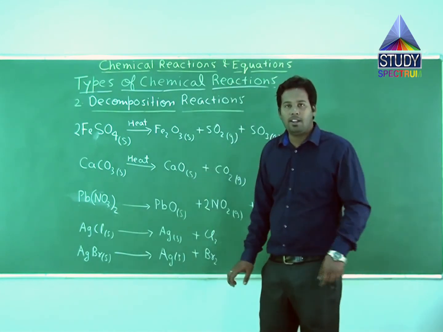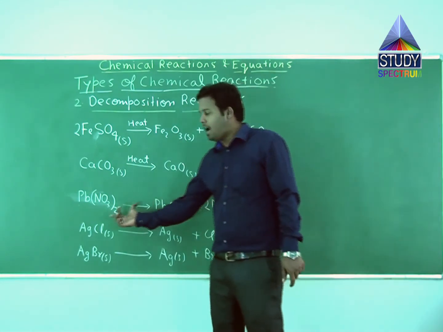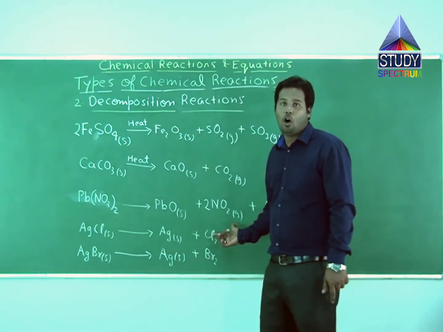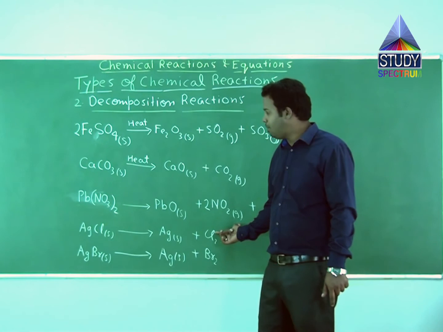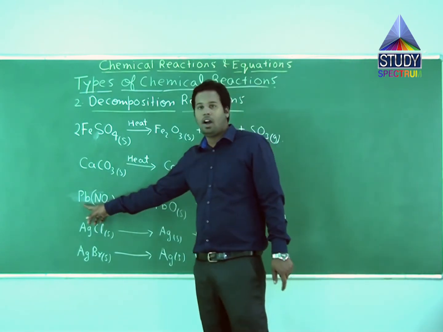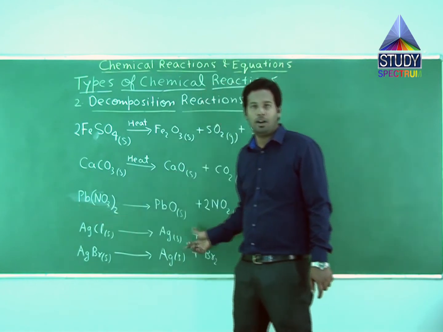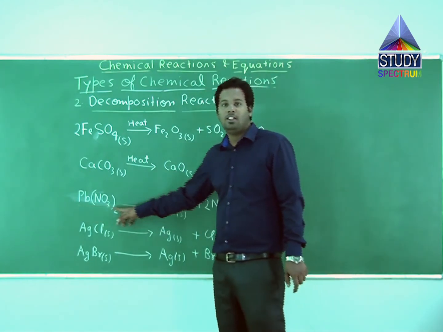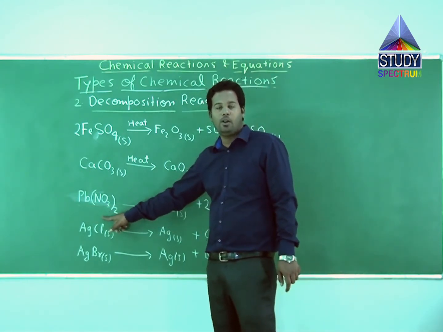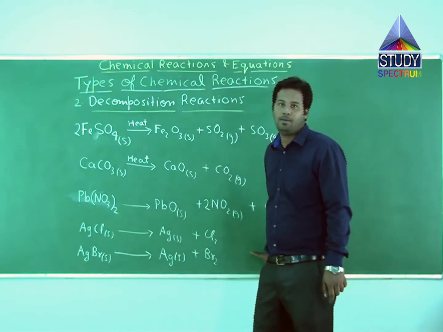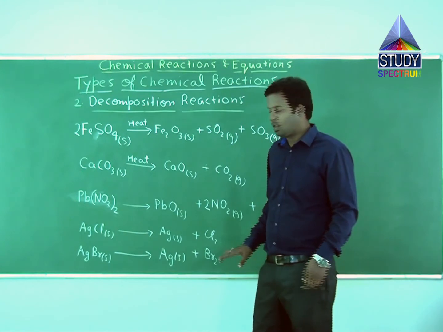Now the problem arises: the left hand side has an even number of oxygen atoms and the right hand side has an odd number of oxygen atoms. So it means I have to again change the stoichiometric coefficient of this particular reactant and product also, and that will change the number of atoms of lead also and nitrogen also, and then only I can balance the oxygen atoms in LHS and RHS also.